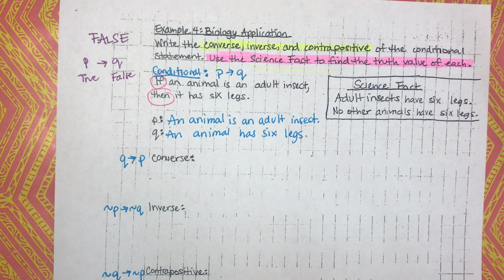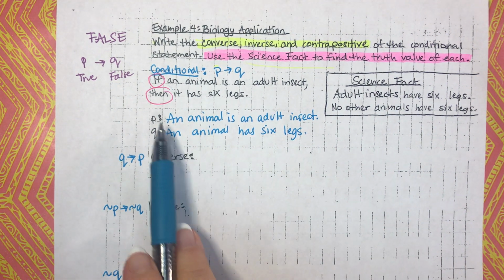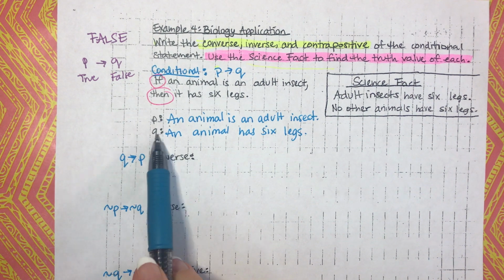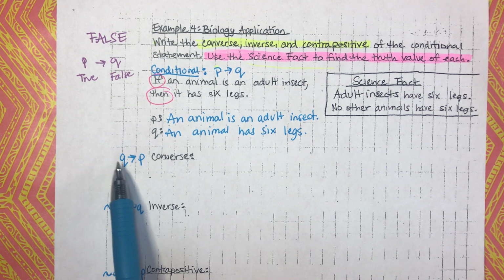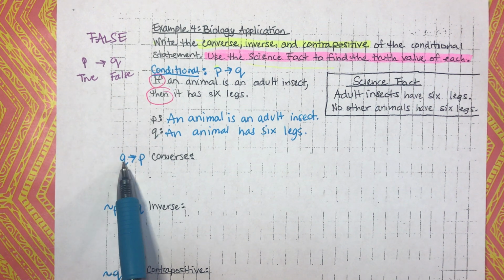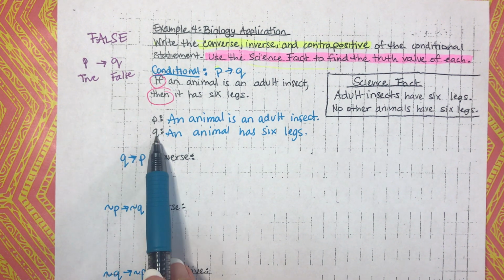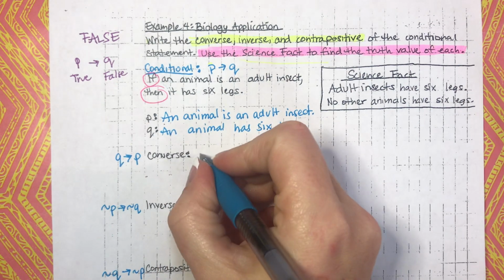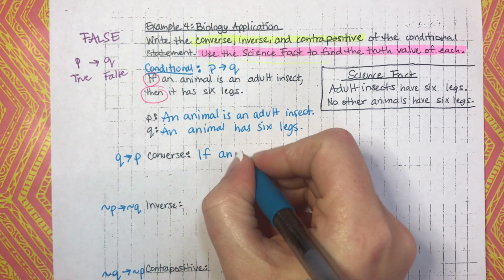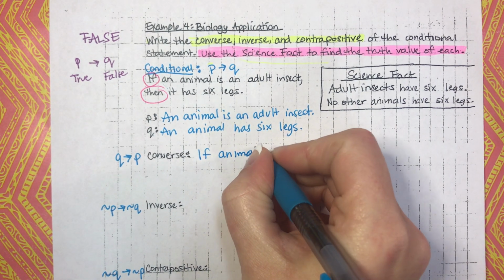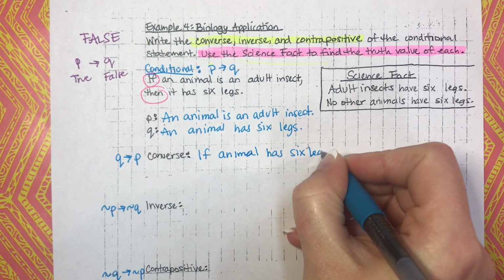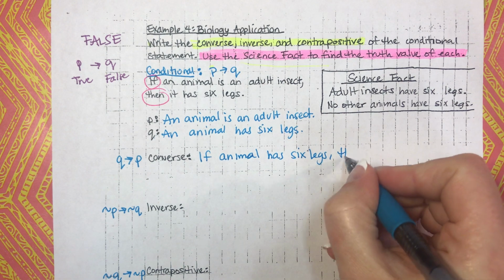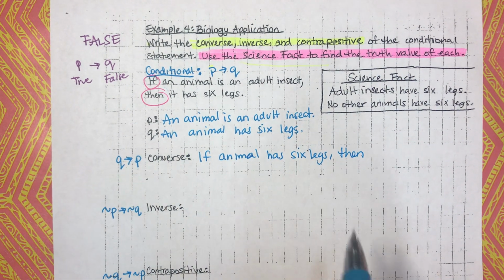Okay, so now that we have our hypothesis and conclusion written down, we can go ahead and write the converse. The converse is just right here: if conclusion, or if Q, then P. So there's our Q. We're going to write: if an animal has 6 legs, then we write the hypothesis.